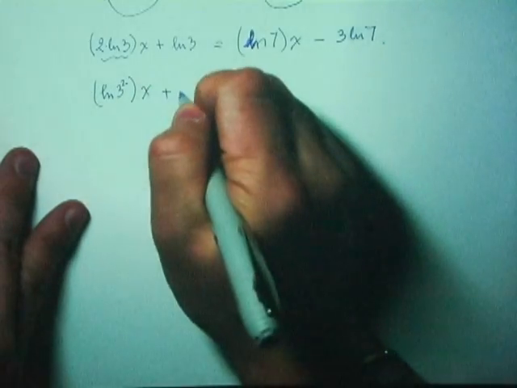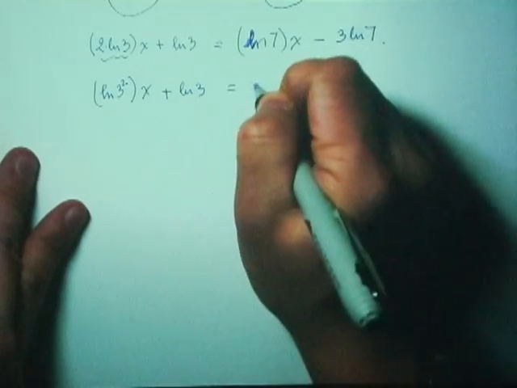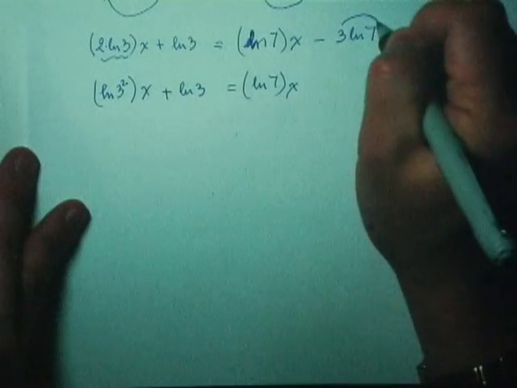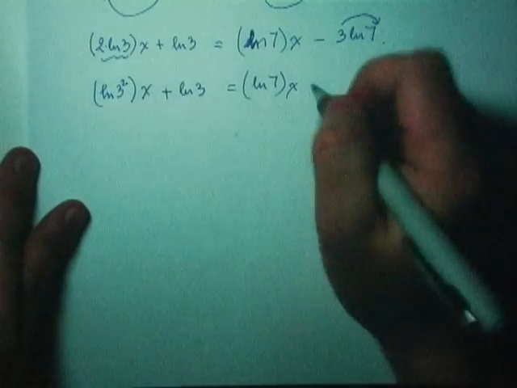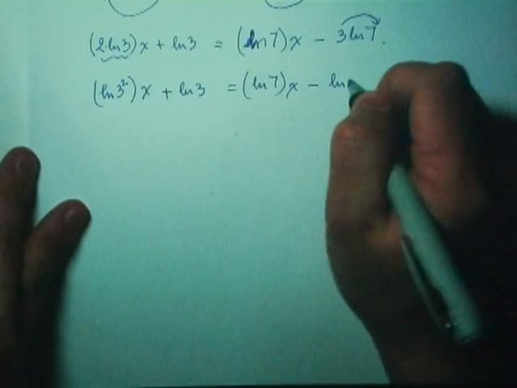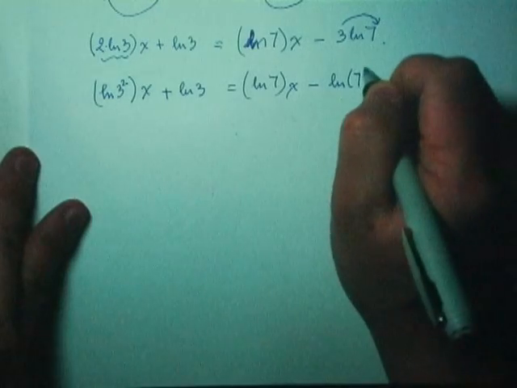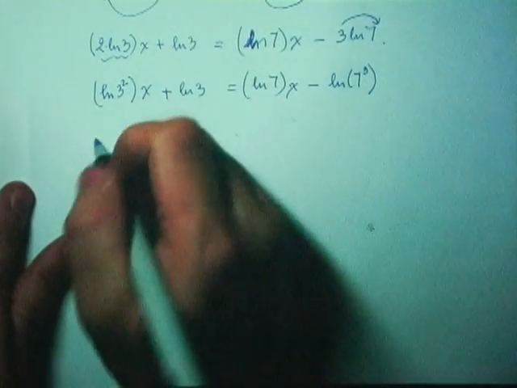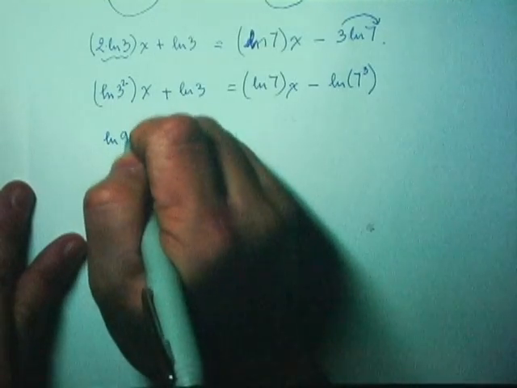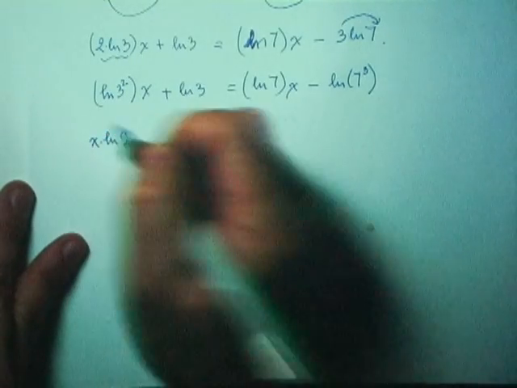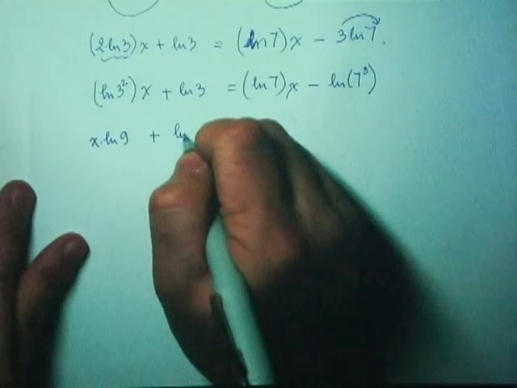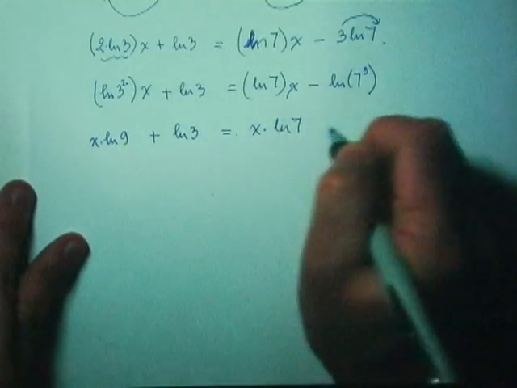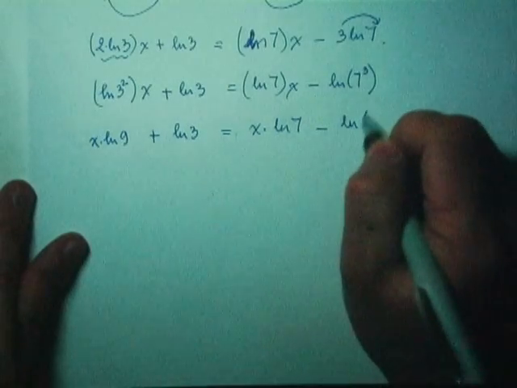And then plus natural log of 3 equals natural log of 7 times x, and then here same thing, I can turn that 3 into the power for 7, so I have minus natural log of 7 to the cube power. Okay, so cleaning up the expressions a little bit, I have x times natural log of 9 plus natural log of 3 equals x times natural log of 7 minus natural log of 343.